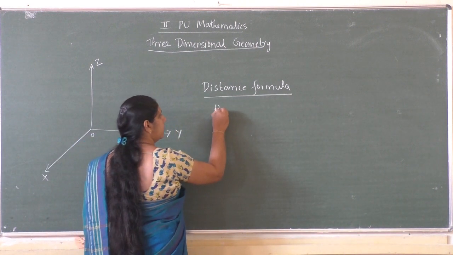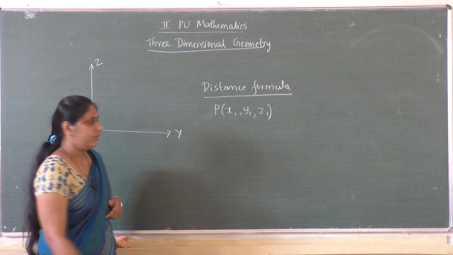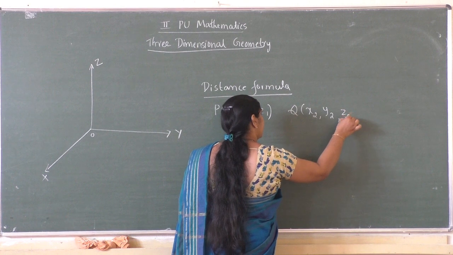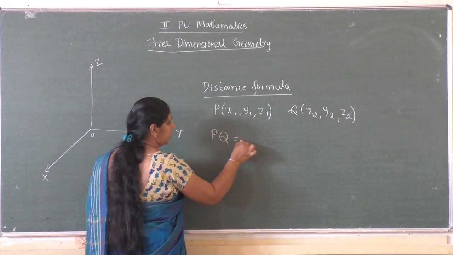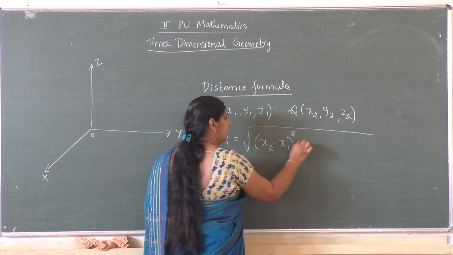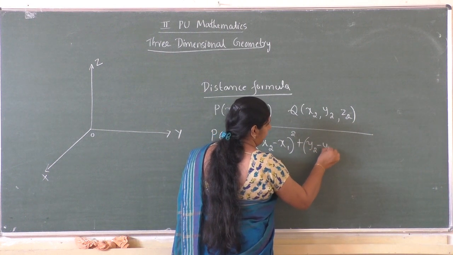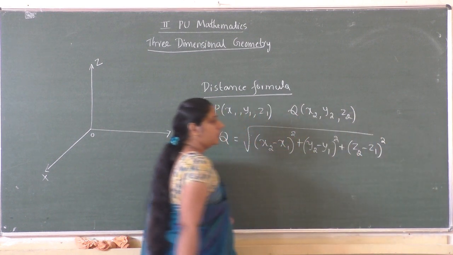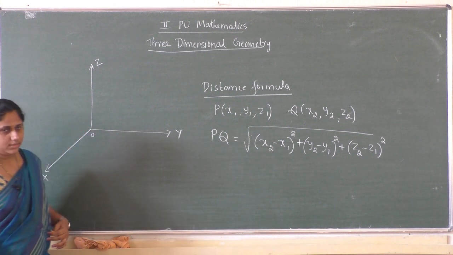If we have any two points P and Q with the coordinates P (x1, y1, z1) and Q (x2, y2, z2), then the distance PQ is root of (x2 minus x1) whole square plus (y2 minus y1) whole square plus (z2 minus z1) whole square. So this is the formula to find the distance between any two points in three-dimensional space, right?